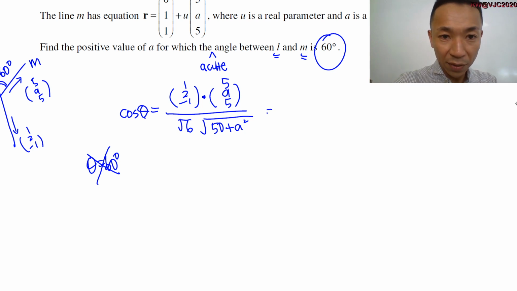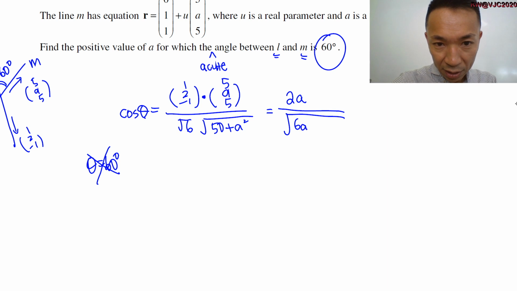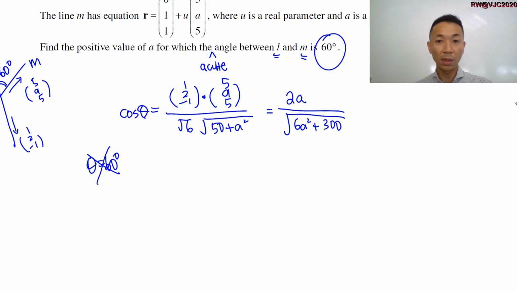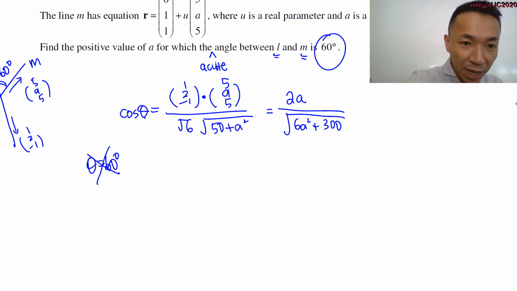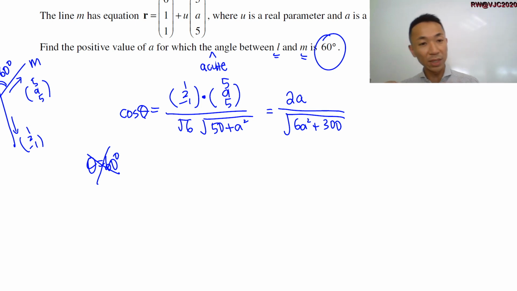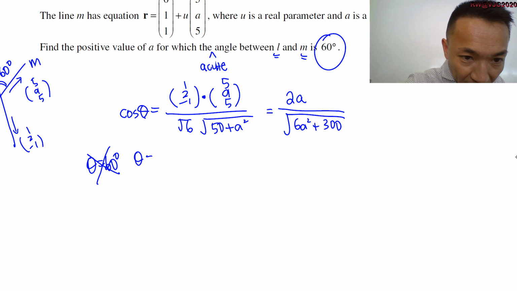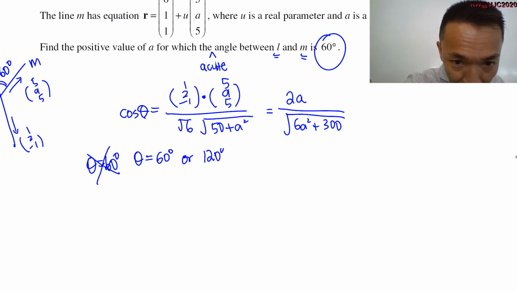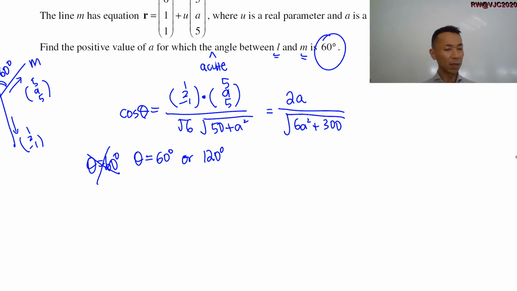Let us work this out first. This is 2a over square root of 6a squared plus 300. Yes? Now then you say, okay, what do we say? We say theta equals 60 or 120. Why?